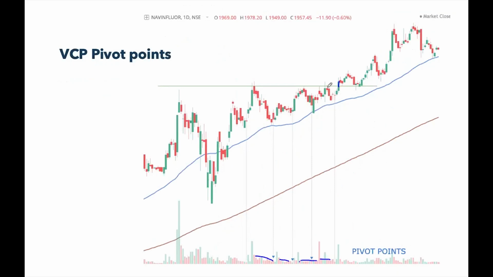You can also see that once this level is broken out, as in once the stock price goes above this resistance level, it becomes a support level. After this breakout, the stock went up and corrected, but it never went below this level.